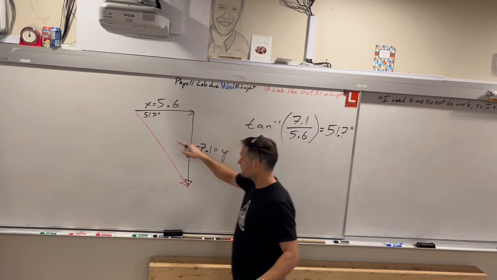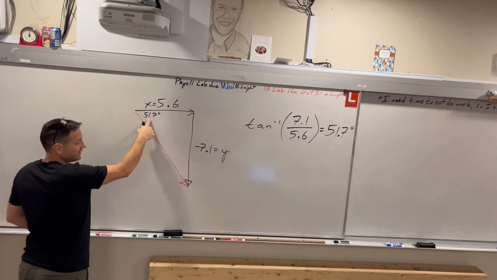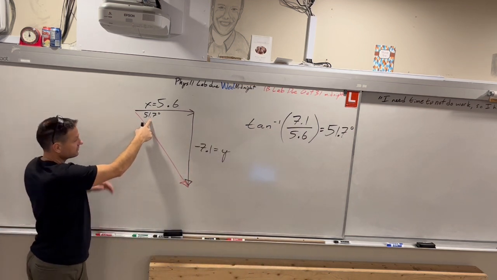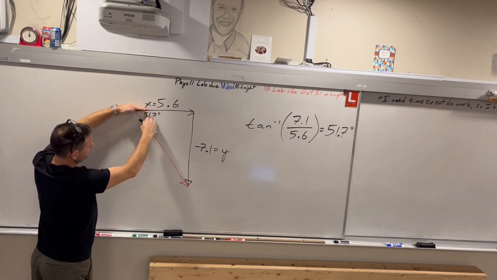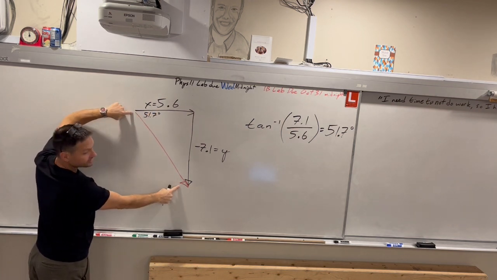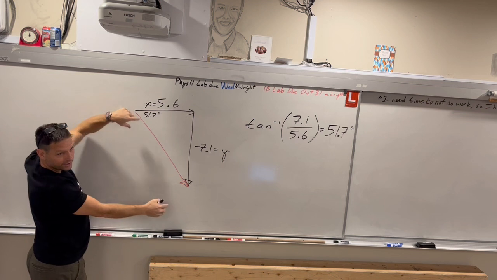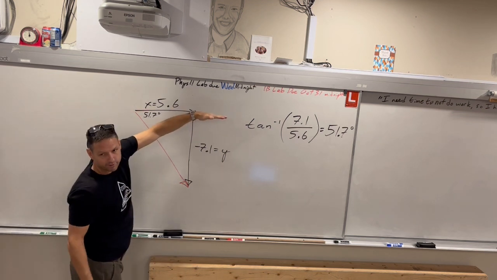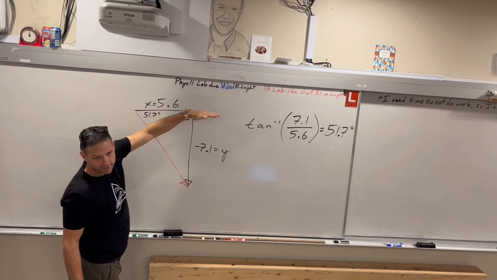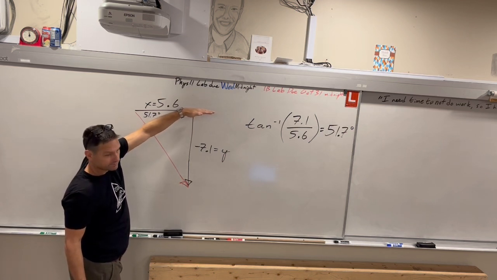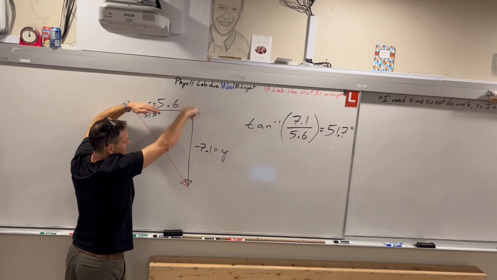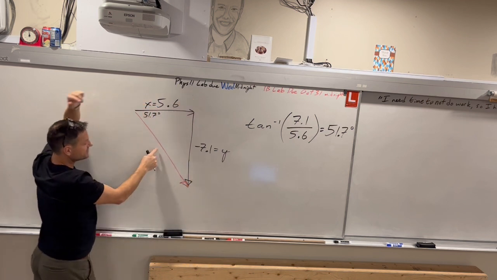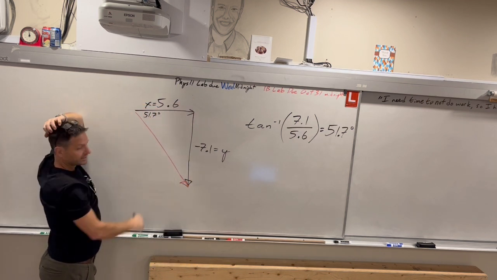And so this angle here is the direction of your resultant vector. In other words, if your river is going 5.6 meters per second to the right, or say east, and you're swimming downward, what does this direction mean?